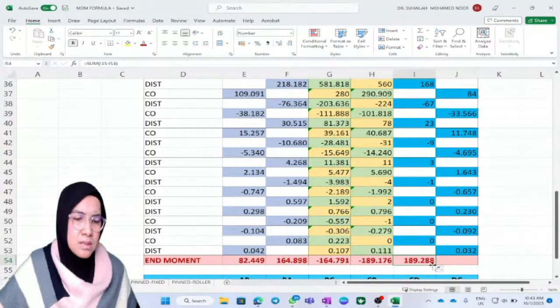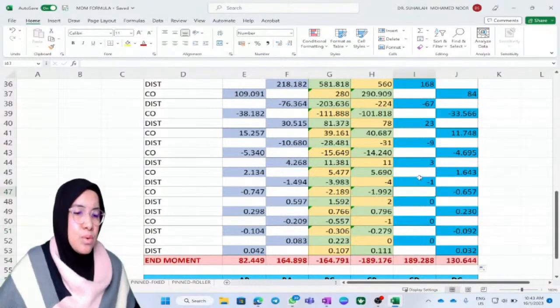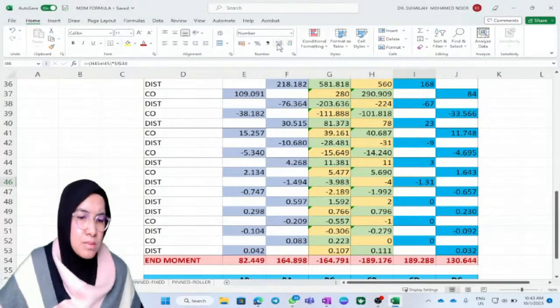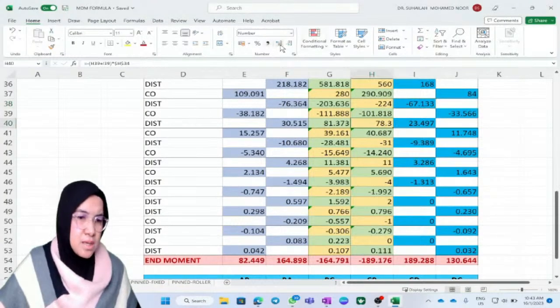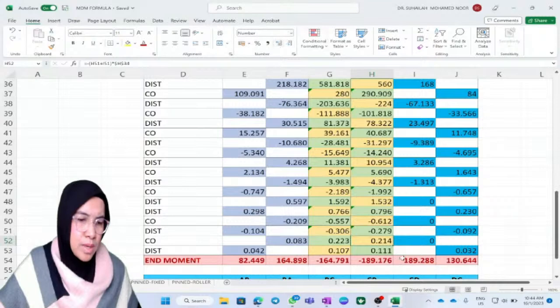198 doesn't matter. 130. Then 78, 31, 11, negative 4, 2, negative 1, 0.214, 4.